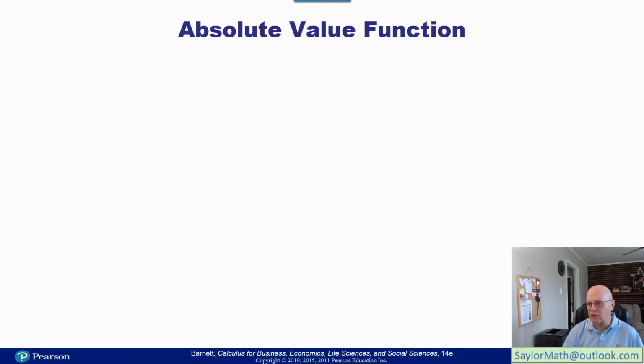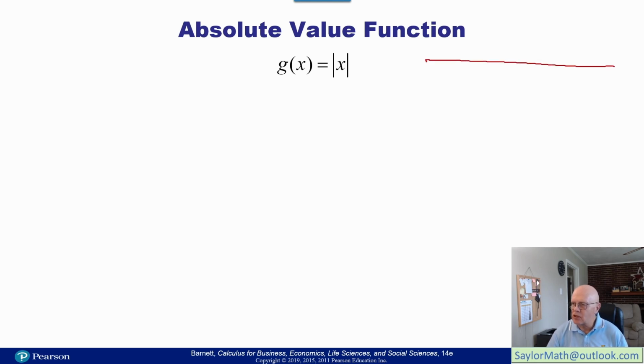Absolute value function. Excuse me. These are vertical lines to the left and right of the x. And what this means is, imagine here's the number line, and this is you.